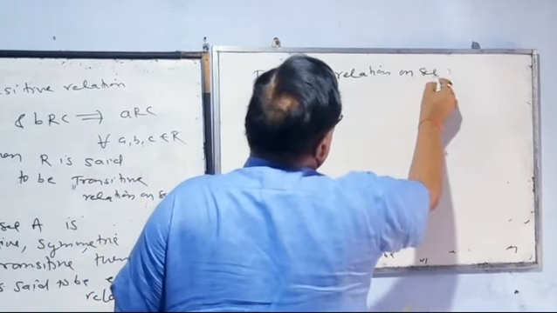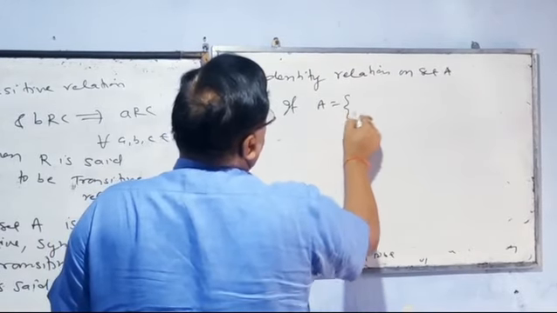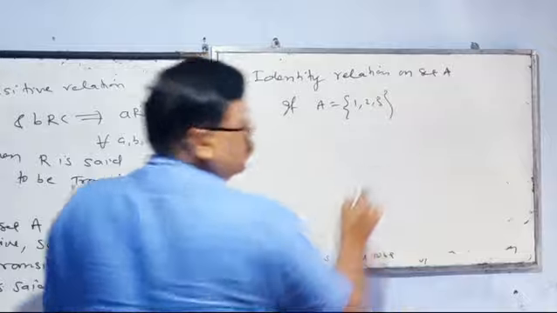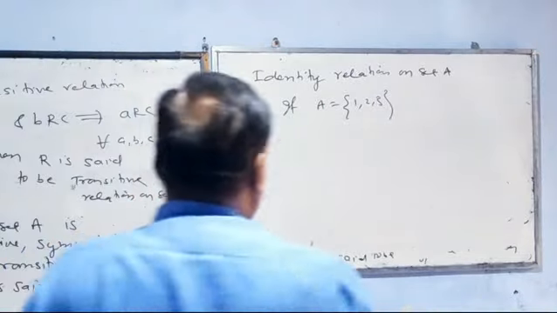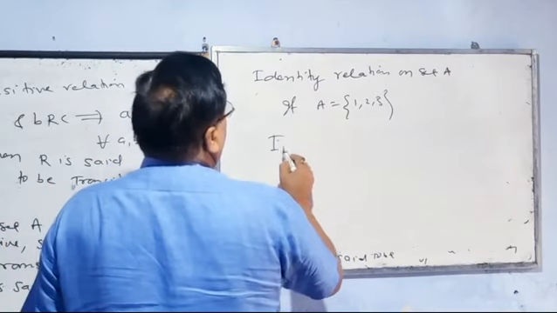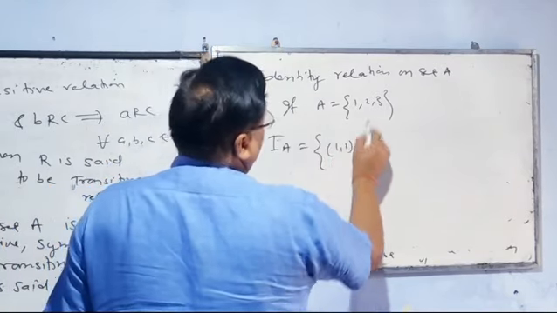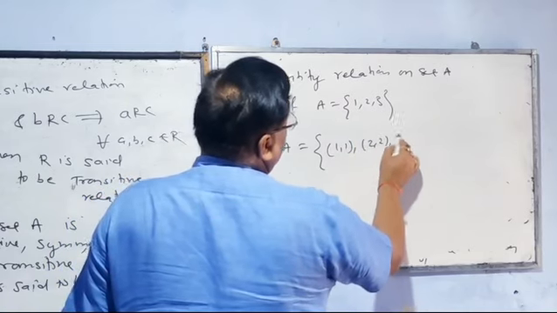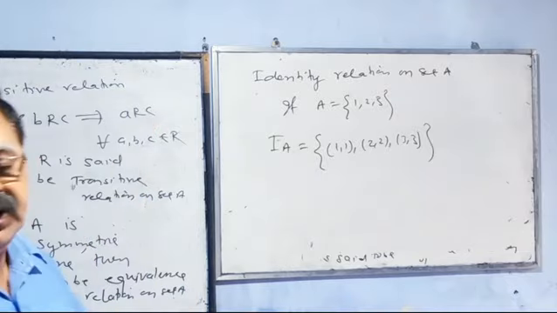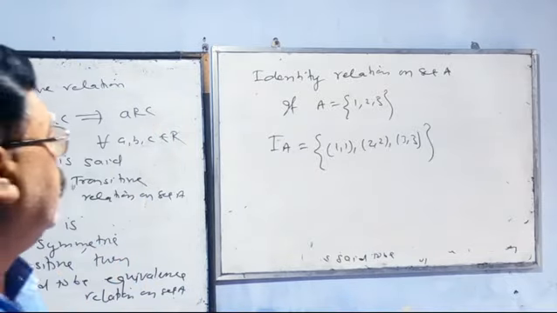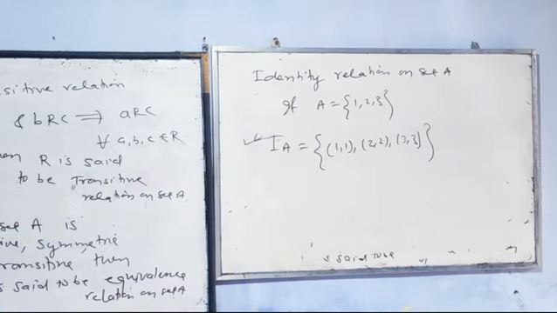On set A, if A has elements 1, 2, 3, then the identity relation on set A, denoted as I_A, will contain (1,1), (2,2) and (3,3). Only these ordered pairs it will contain. This is the identity relation.